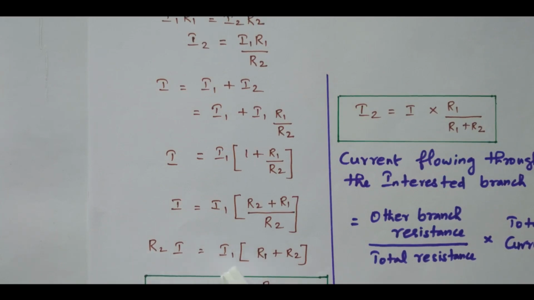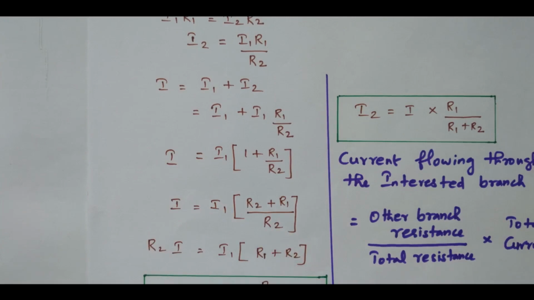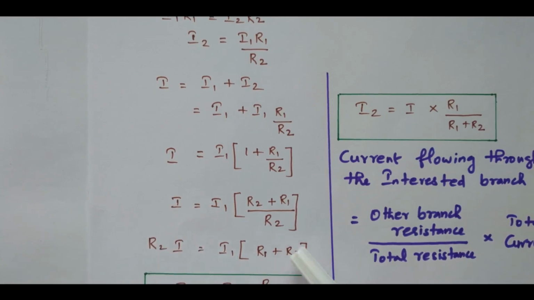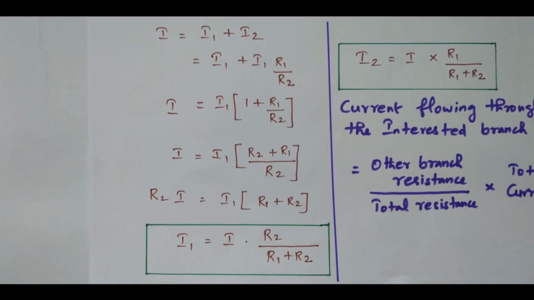I equals I1 times R1 plus R2, over R2. This R2 is brought to the numerator. From that, how will you find I1? I1 equals I into R2 divided by R1 plus R2. I1 equals I into R2 divided by R1 plus R2.